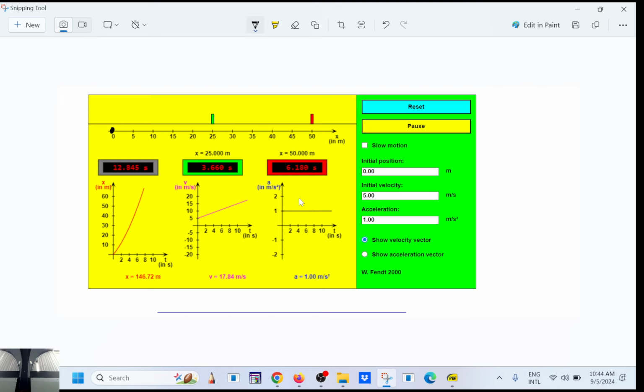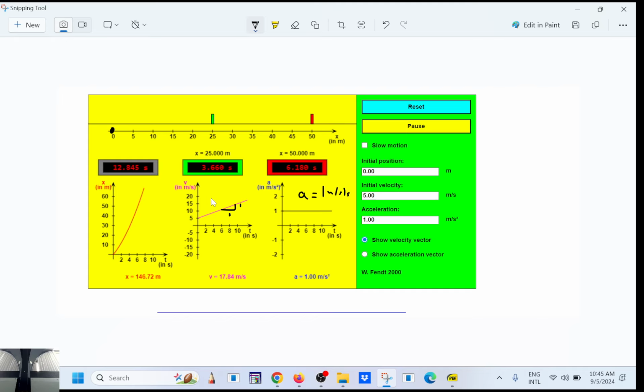So let's first do that. So acceleration is 1. What does it mean? It means for every step of 1, your speed will increase by 1, right? So it starts at 5. After 1 second, it's going to be 6. After another second, it will be 7, right? So the slope, every step of 1, it goes up by 1.